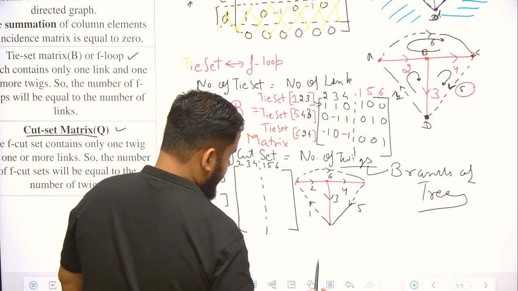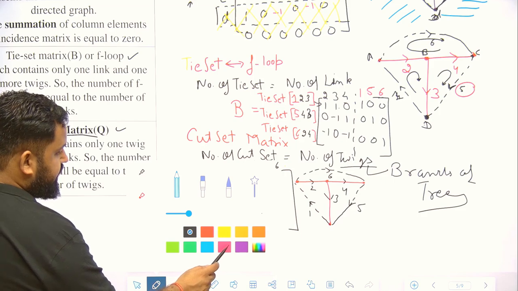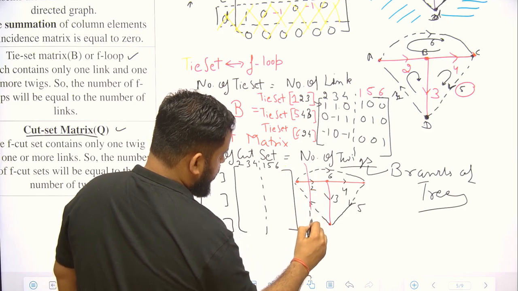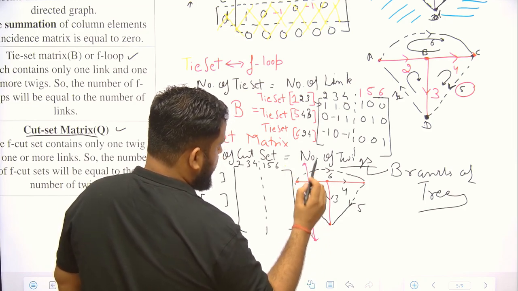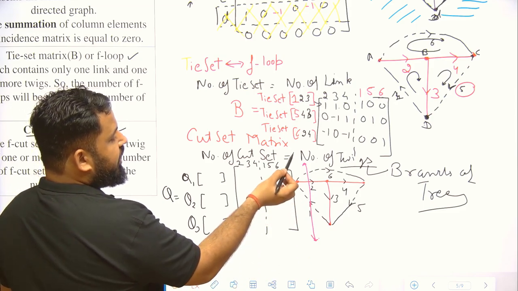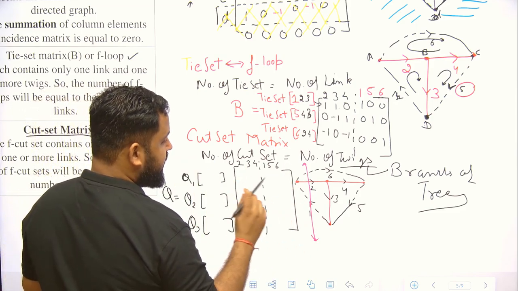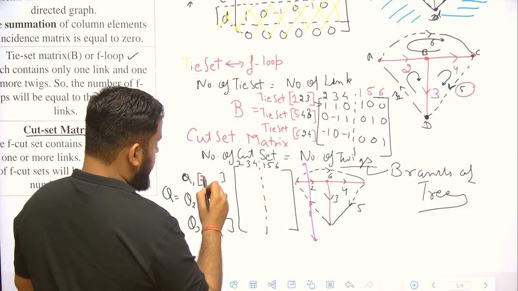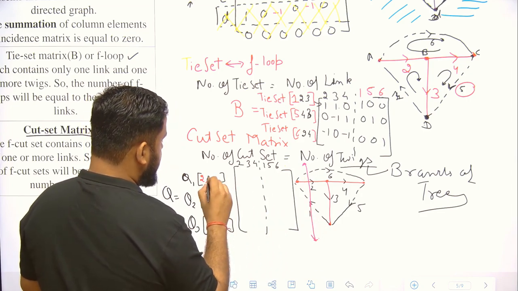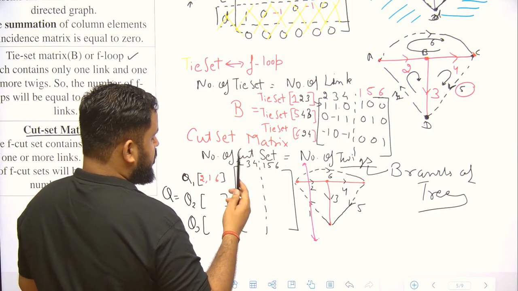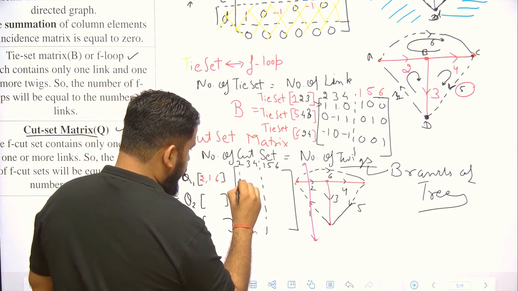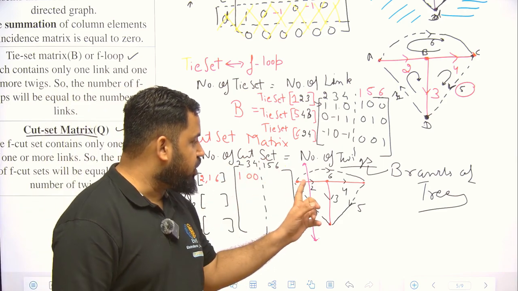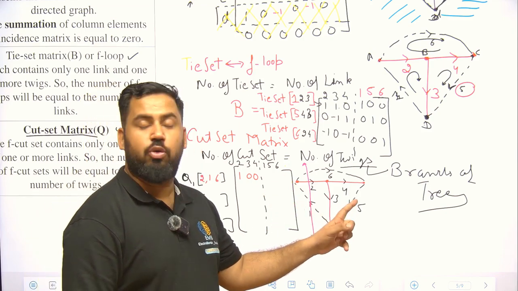So my first cut set would be, let us consider the second branch and I draw this line over here. Whatever links it has cut will be associated with this cut set. So this cut set will be identified by 2, and it has cut links 1 and 6. So 2 will be 1, 3 and 4 will be zeros. The direction of the current at this node is going outside.